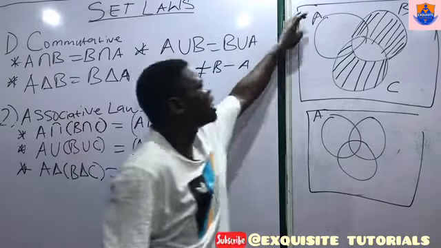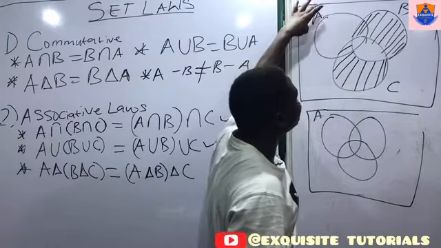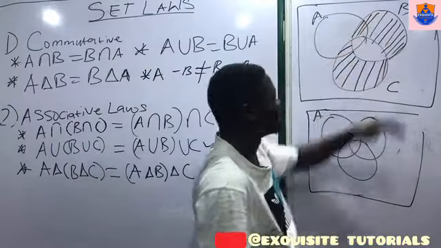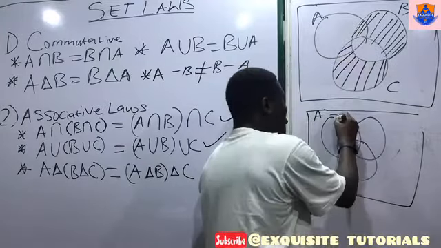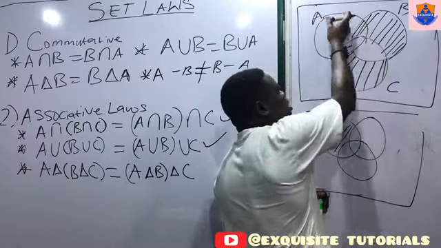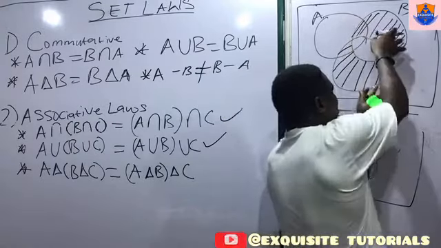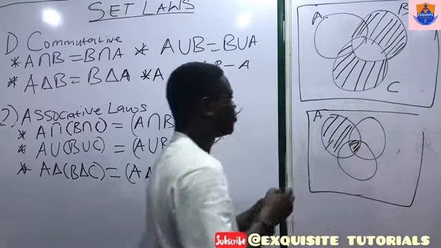So it is those elements that are in A but not in this part. So the elements that are in A but not in this part is actually this place and this other smaller part, since it's a part of A but is not in this part. So I'll add this point to it. So we have gotten the first part.